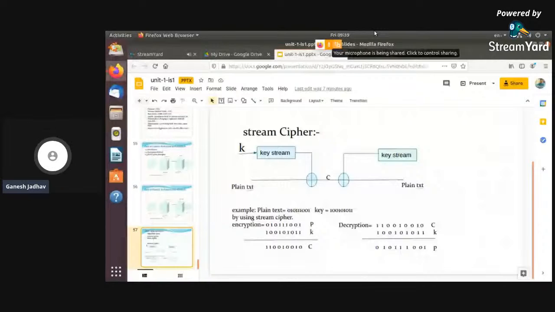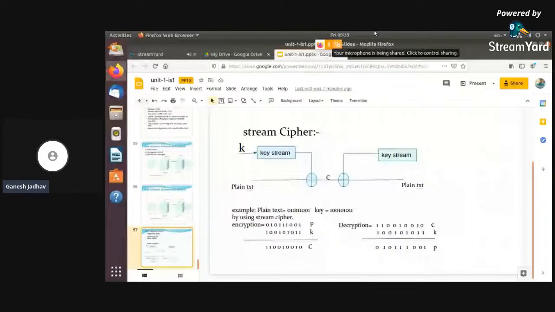Firstly we see the stream cipher. What is a stream? In stream cipher they use a simple binary stream. This is the plain text, which here is a simple binary stream, and this is the secret key.